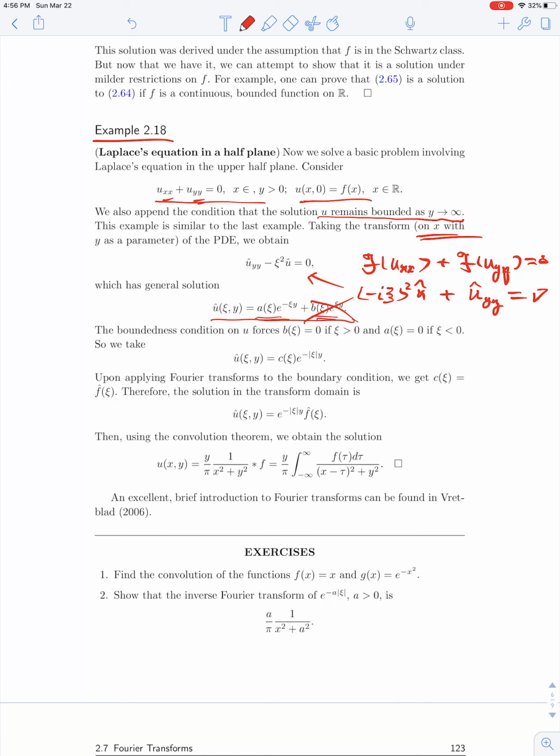The better way to say it is that when c is positive, if this is going to be bounded, then we should drop this term, but when c is negative, we should drop this term here.